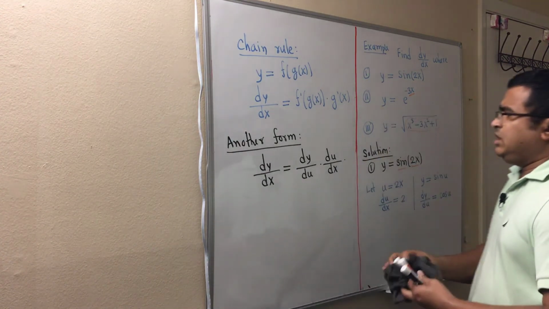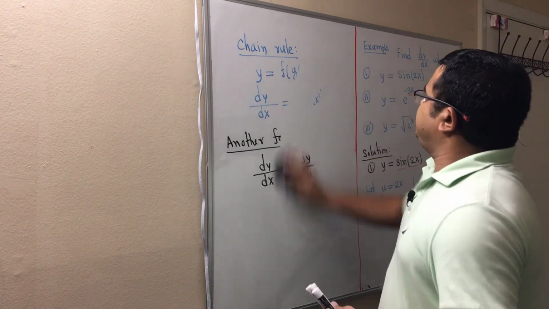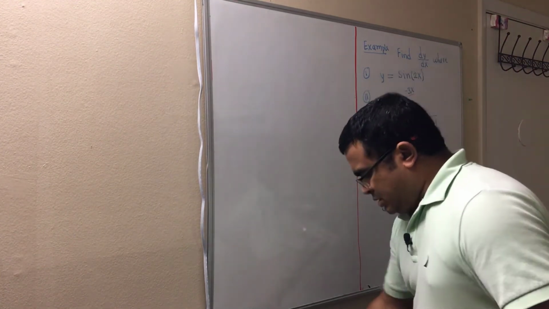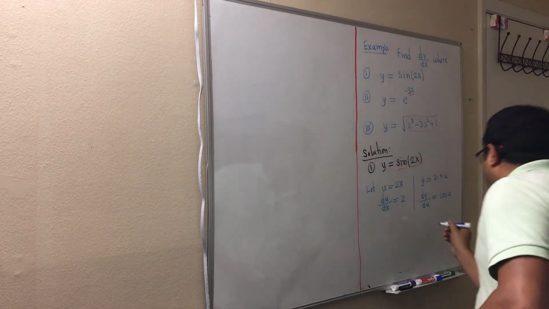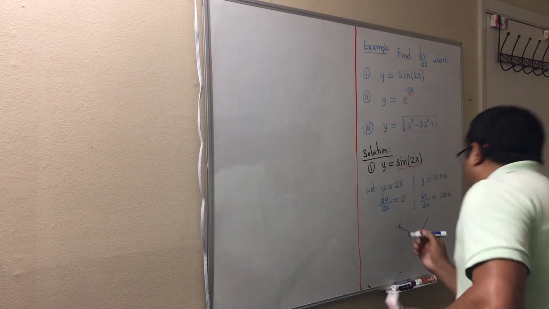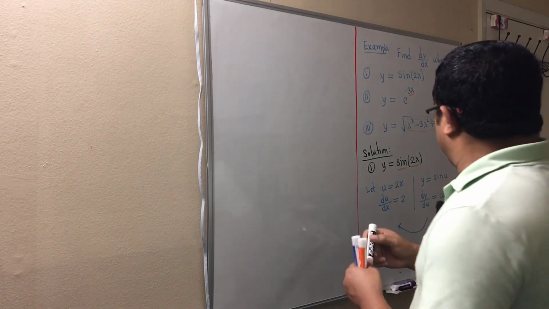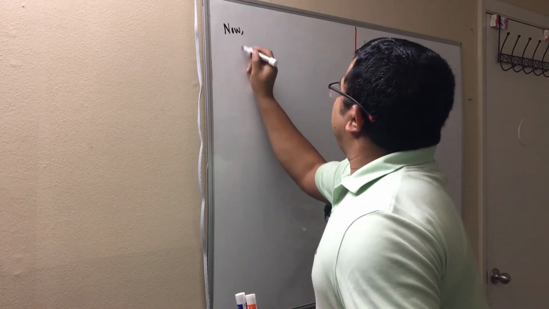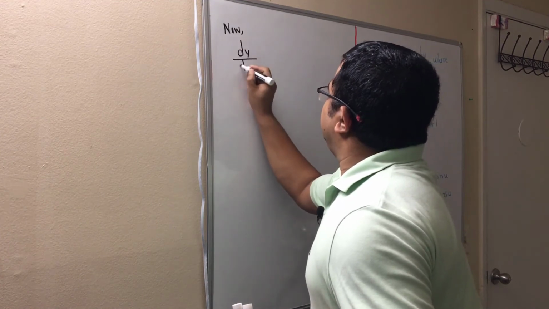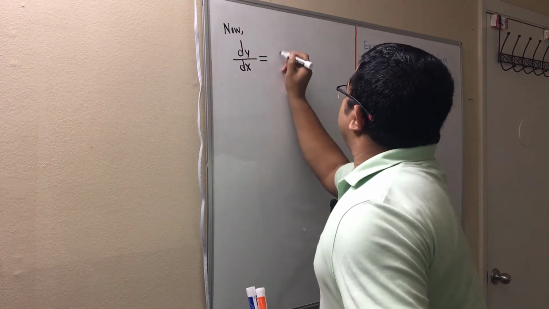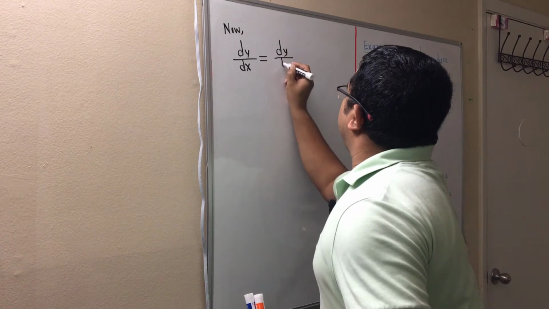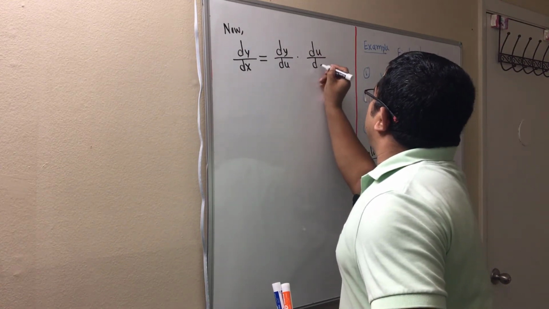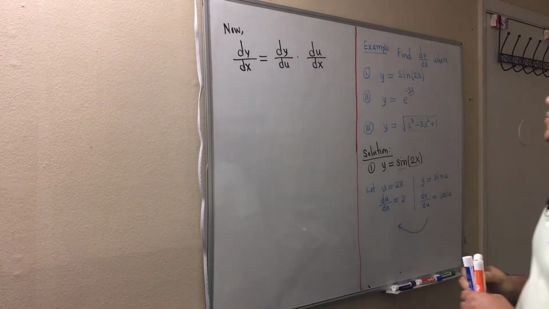Now, if we apply the chain rule, we know dy over dx equals dy over du times du over dx.